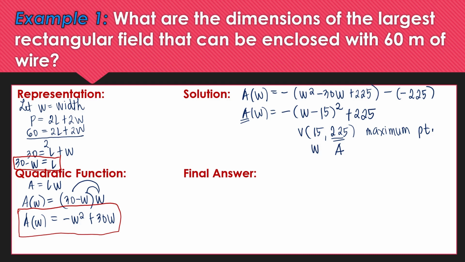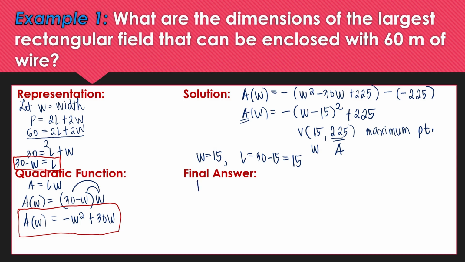So if the width is equal to 15, therefore the length is equal to 30 minus 15, which is equal to 15 also. Now, to answer the question, what are the dimensions of the largest rectangular field?